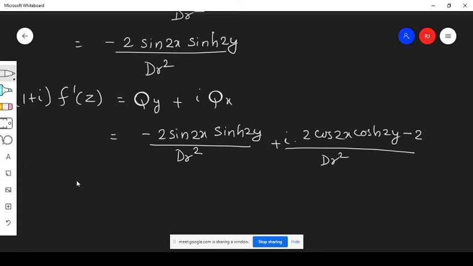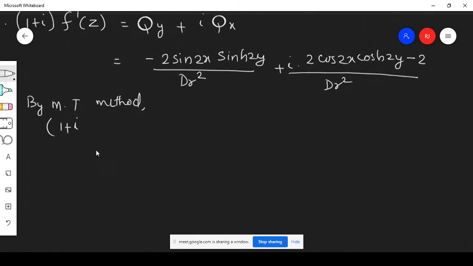Now here I am going to apply the Milne-Thomson theorem. So by the Milne-Thomson method, 1 plus i into f dash of z is equal to, what you have to do? Put x equal to z, y equal to 0 in both.